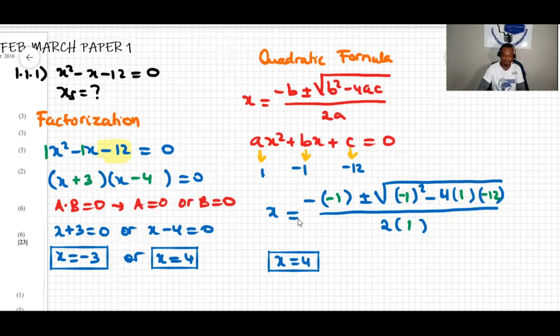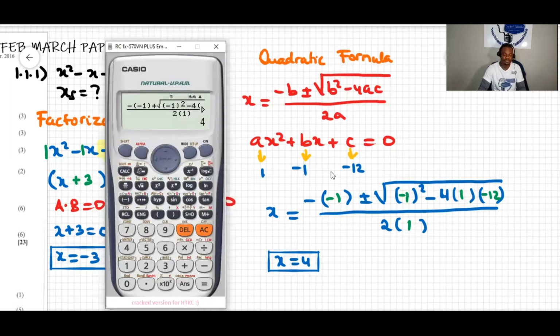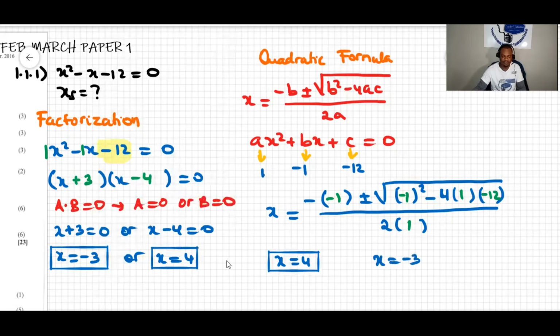Now we can also work out the other solution by changing the sign. So when I go back to the calculator, I press delete here, and then minus, and then press equal, and then the answer is -3. x is equal to -3. That's the very -3 we got here. So our x is equal to -3.